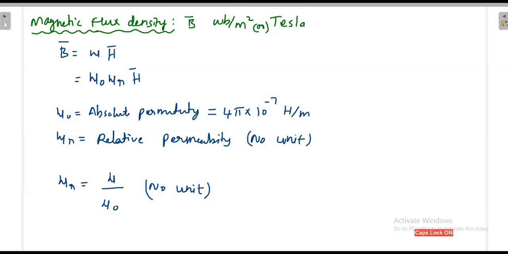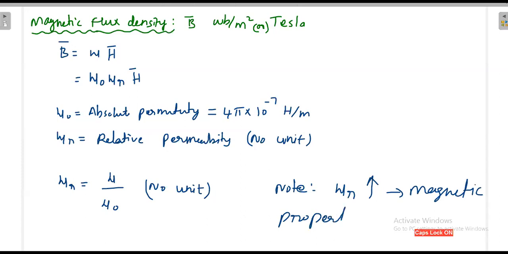So please note down separately: as mu r increases, magnetic property or ability increases. If mu r is very small, then the material has very little magnetic effect.